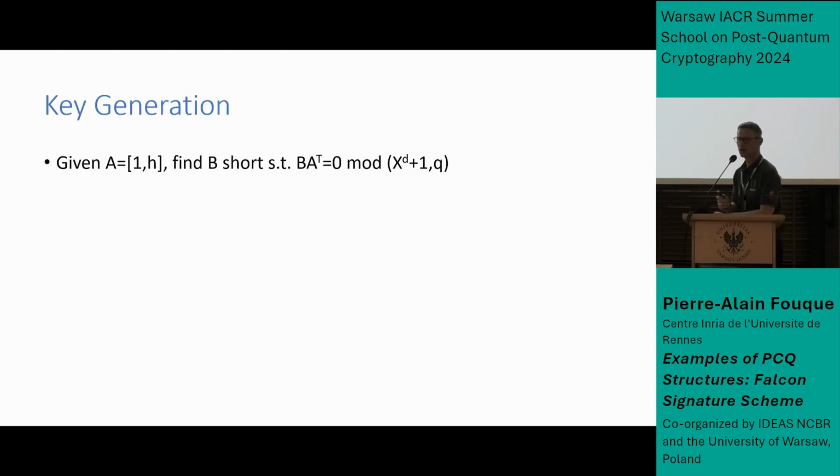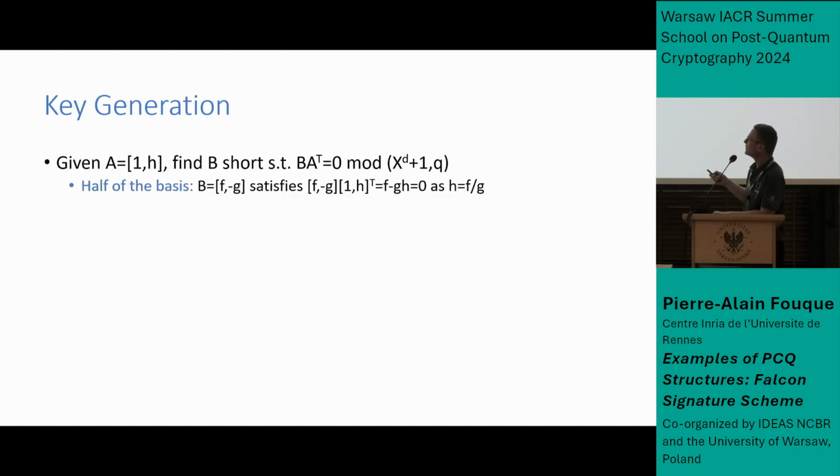So we have the basis H, if we forget the two other elements, and we want to construct the short basis B so that this equation holds. It is not too difficult to see that a first part of the basis will be given by small f and small g, and if you check exactly, you will see that it gives you 0.